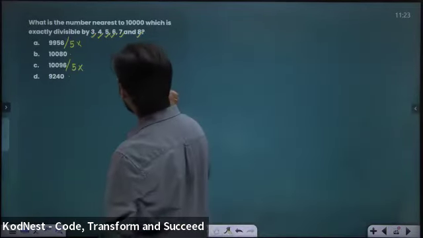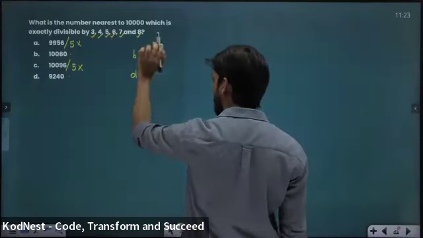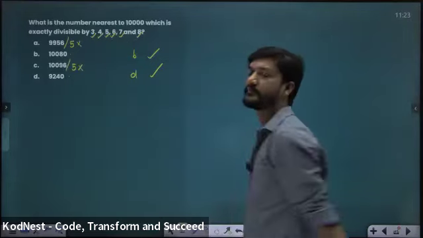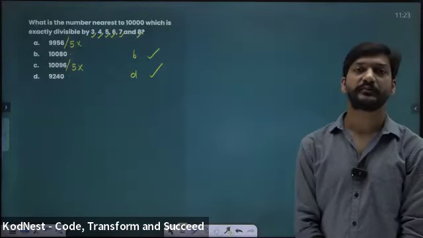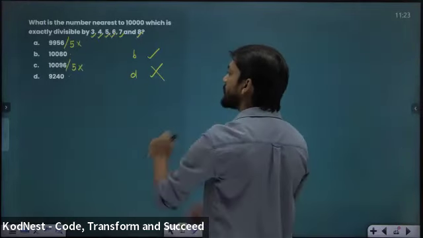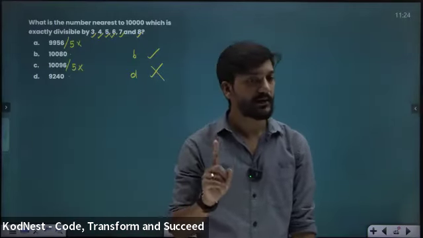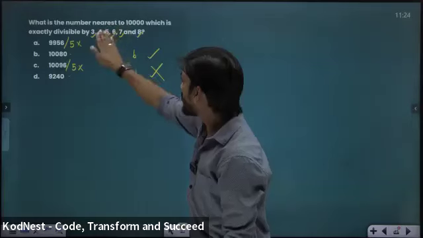B and D options satisfy all the divisibilities. So what is the wrong option, I will say? Wrong option will be this. Why is this wrong? Because it is not nearest. Both the options were satisfying all the conditions.